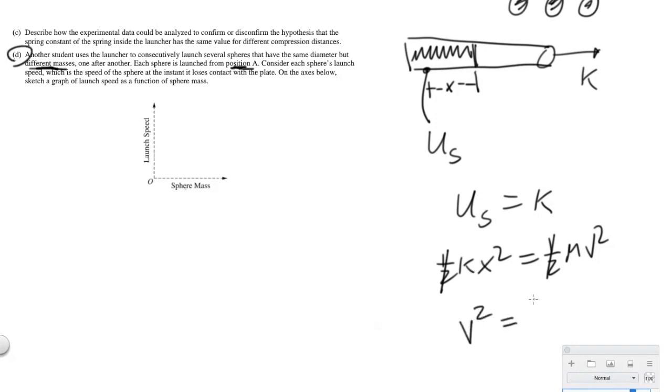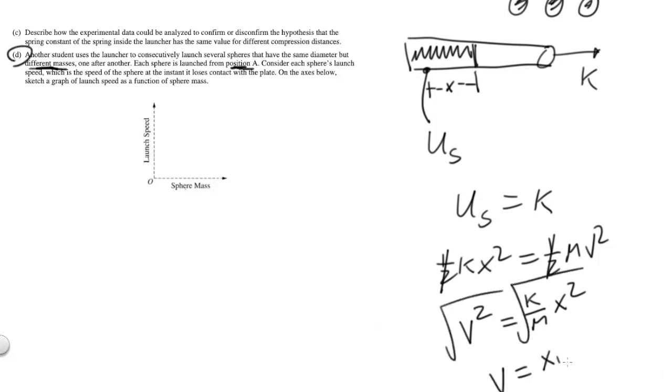So solving this for v squared, we're going to get k over m times x squared. So here is the relationship. Let's just take this one step further, solve for v. We square root both sides. This is going to be x times the square root of k over m.